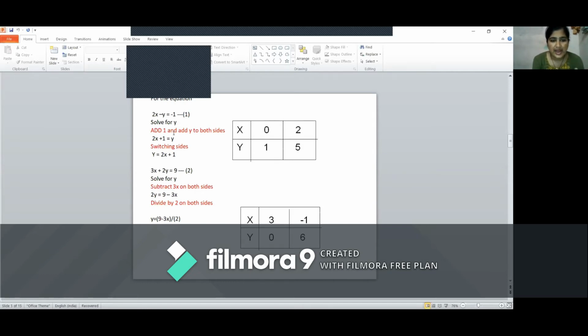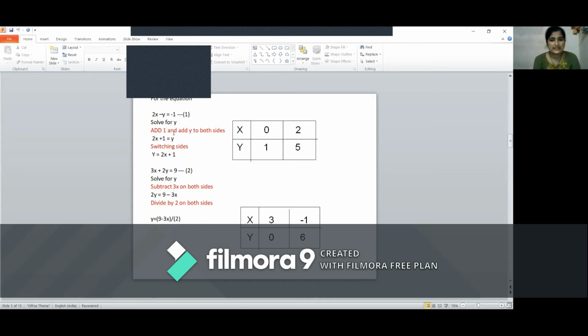Okay, so if we add 1 and y on both sides, what we have is 2x minus y plus 1 plus y, right, is equal to RHS minus 1 plus 1 plus y, right. So from LHS our y is cancelled, and from RHS plus 1 minus 1 is cancelled. So we have 2x plus 1 is equal to y. If we switch, I have the value of y in terms of x. Now y is equal to 2x plus 1.